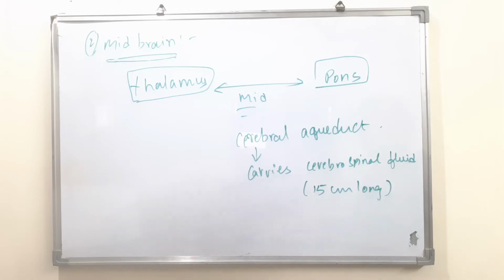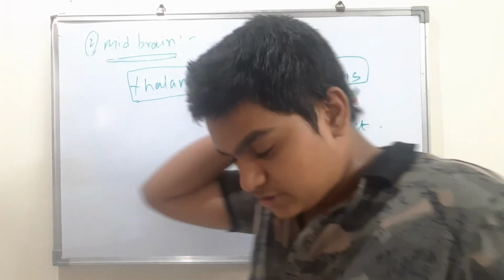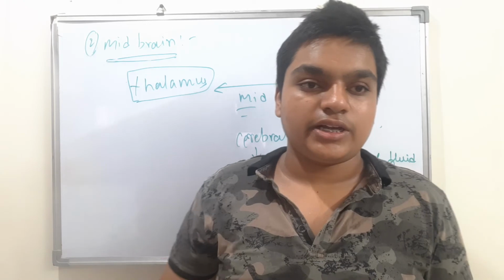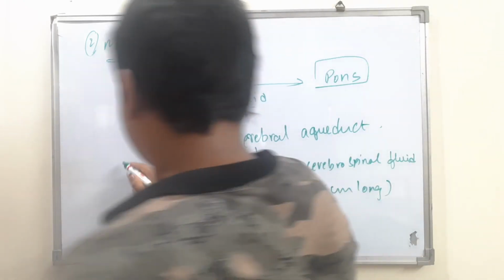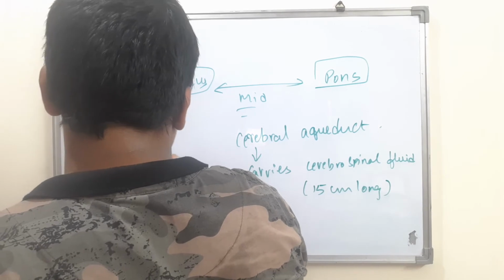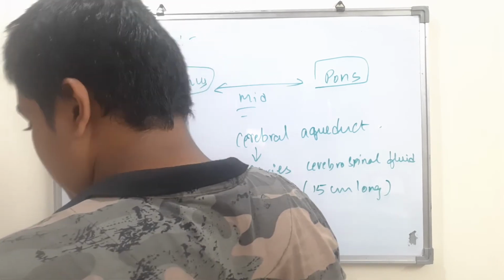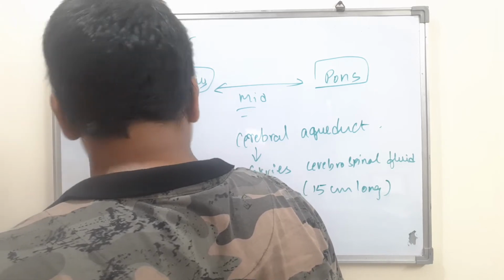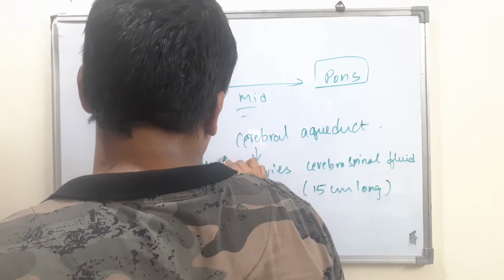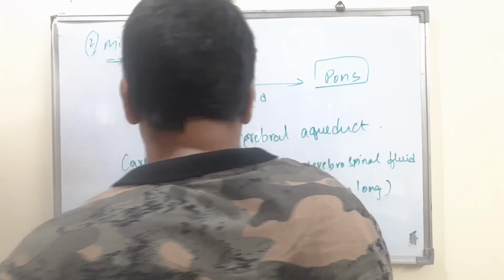Now this dorsal part of the midbrain consists of 4 lobes, foldings, called as corpora quadrigemina. You can remember corpora quadrigemina.